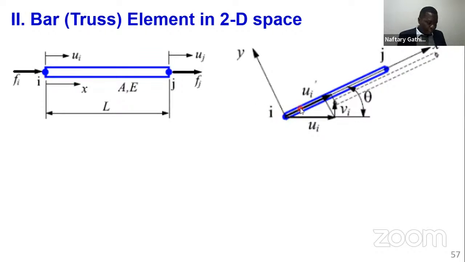But now something interesting happened, and at this stage, I think I can remove my video to stop blocking that. At this point, you see the local coordinate system, small x and small y, does not correspond to the global coordinate system.